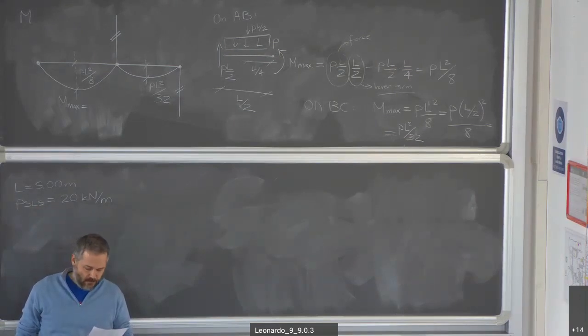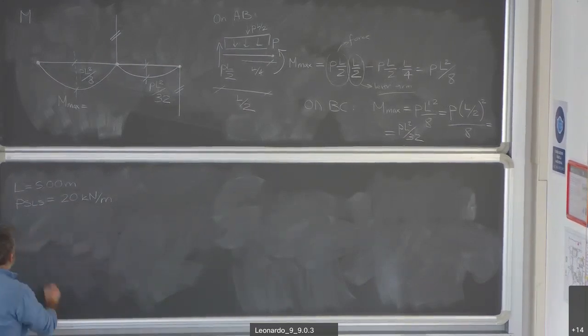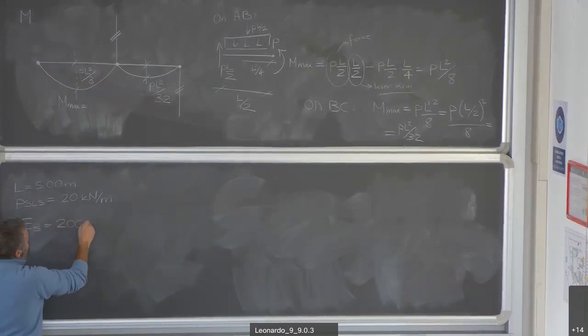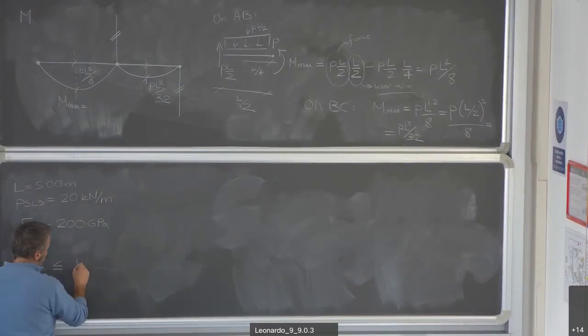The modulus of elasticity of the steel is ES 200 gigapascals. Okay?